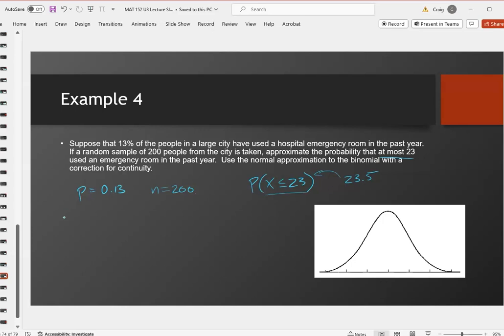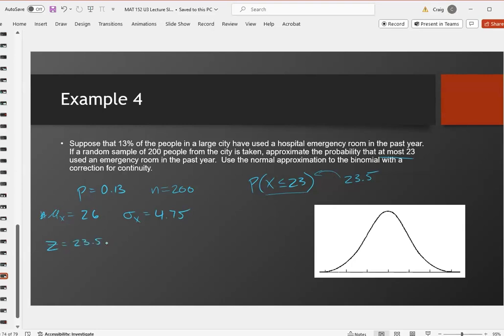And so now we just calculate all the other values. The mean, 200 times 0.13, is 26. The standard deviation is going to be 200 times 0.13 times 0.87, and then take the square root of that, which is 4.75.